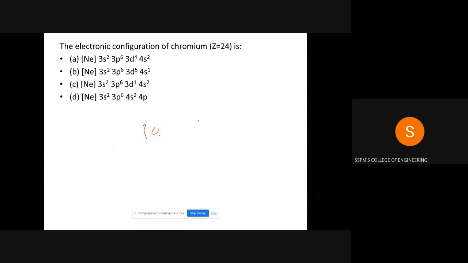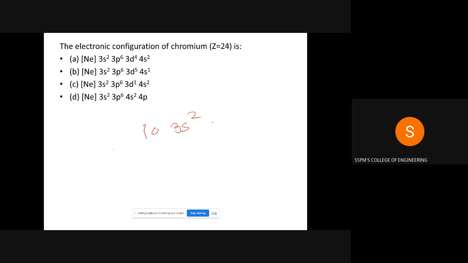So 3s2, then 3p6, 3d5 and 4s1. So total 24: 10, then 2 plus 6 and 5 and 1.